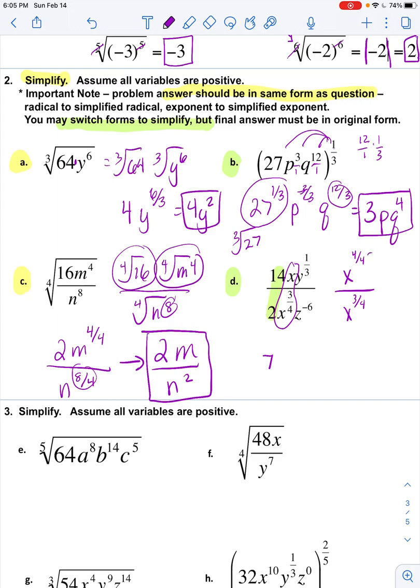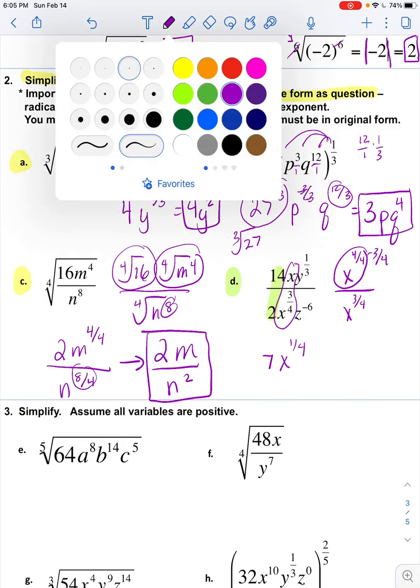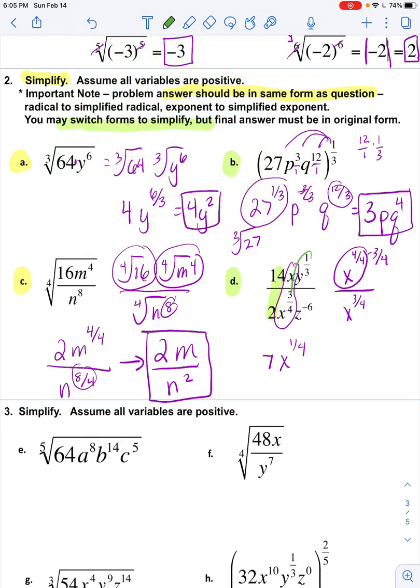So either through subtraction or through thinking about what's the difference between those two? Well, 1/4. Where will it go? Well, it will go where I had more to begin with, which is the top, because on the top I had a whole x, and on the bottom I had 3/4. So that leaves me with 1/4 of an x on the top in my answer.